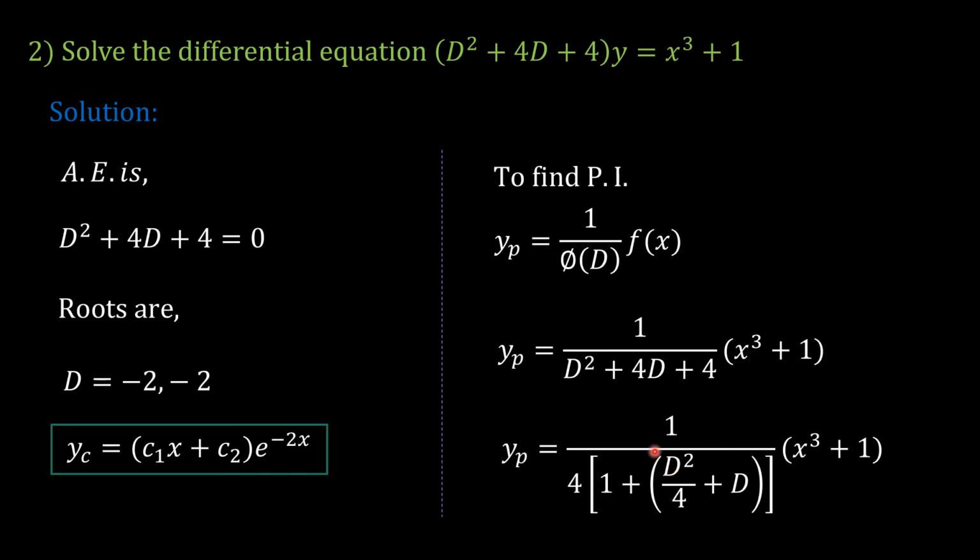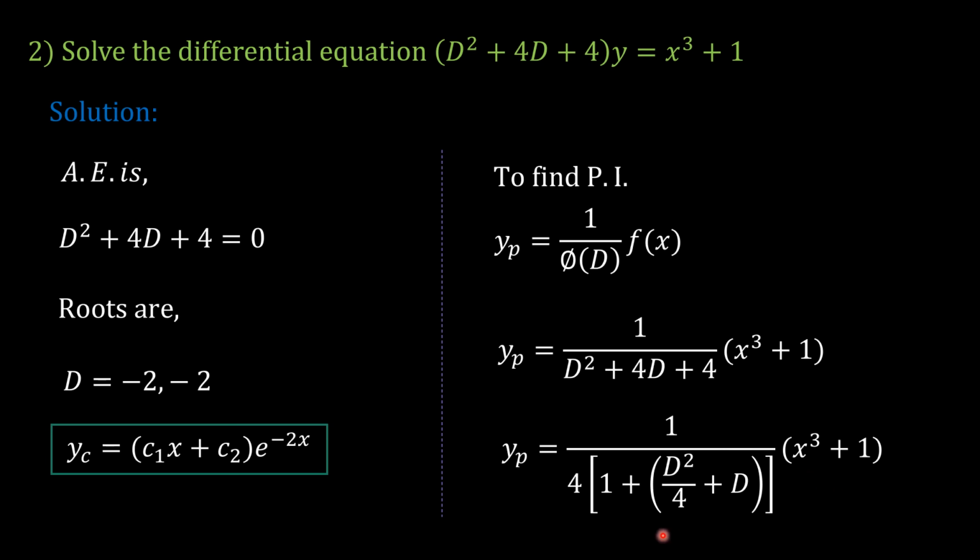So the expression will be 1 upon 4 into 1 plus D square upon 4 plus 4D upon 4, which is 1 into D. So our phi of D is now 1 upon 4 into (1 plus (D square upon 4 plus D)). So this D square upon 4 plus D is the psi of D, and we want to operate it on x cube plus 1.